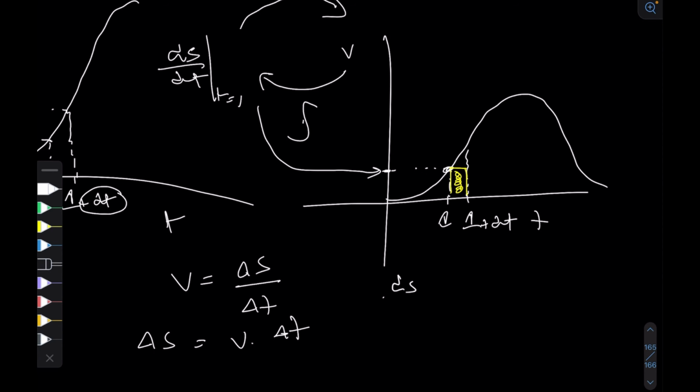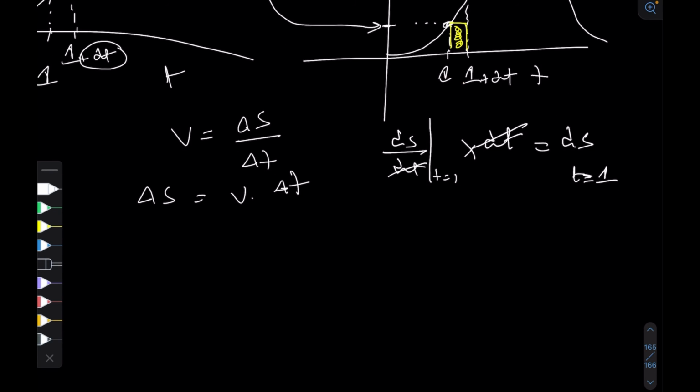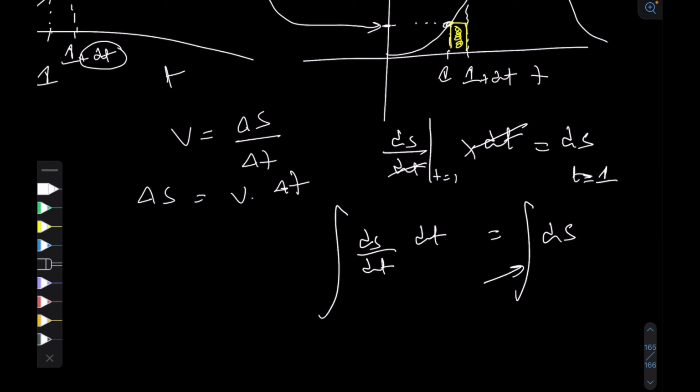So ds/dt at the point when t equals 1, if I multiply this by dt, that just gives me the change in displacement when time is equal to 1. So if I integrate ds/dt multiplied by dt, it should give me the integral of ds. This integral sign just means sum up, so it just means adding all of those.